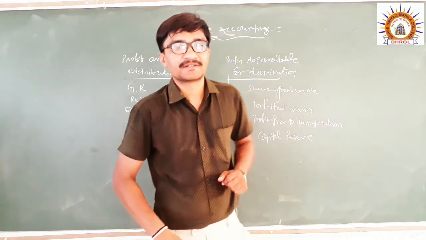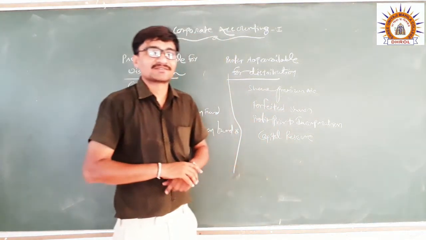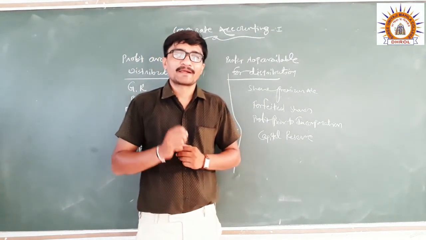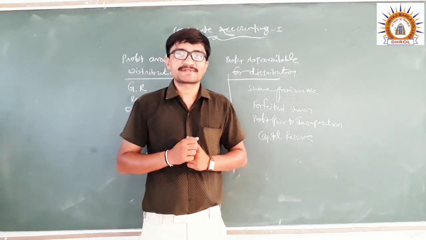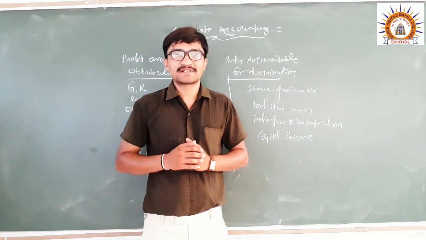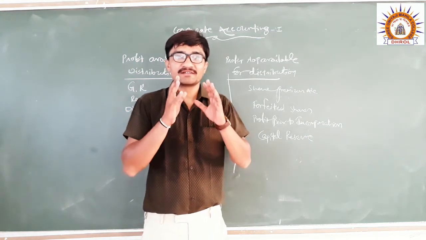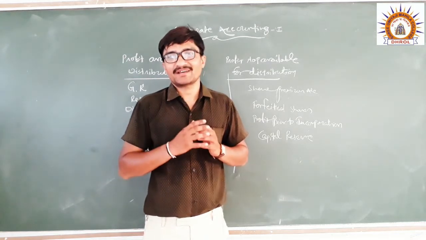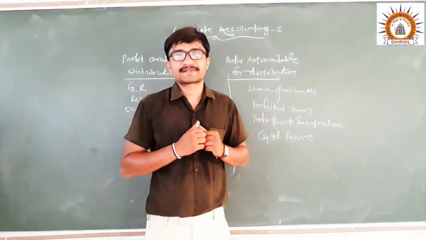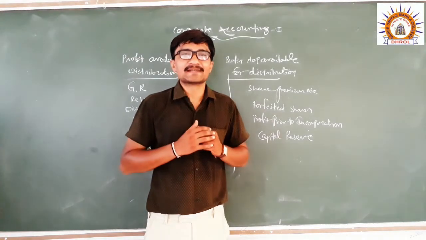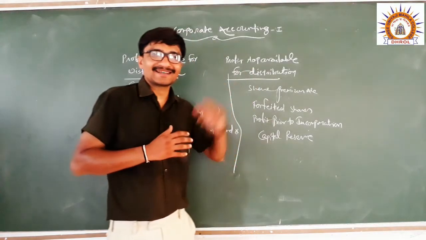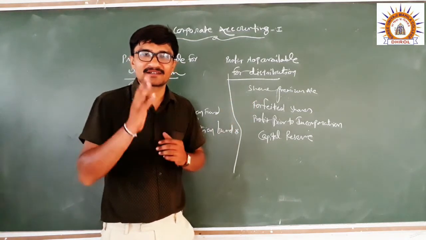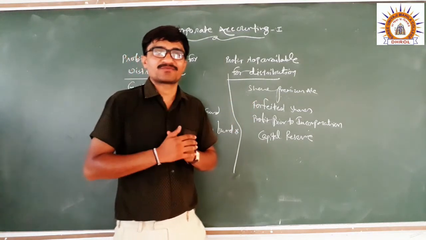And in the last session, we saw some provisions regarding redemption of redeemable preference share capital as per the Companies Act, and from that we have some special points. In the last lecture, we saw approximately 4 points.